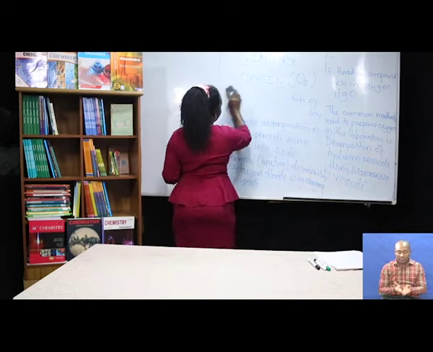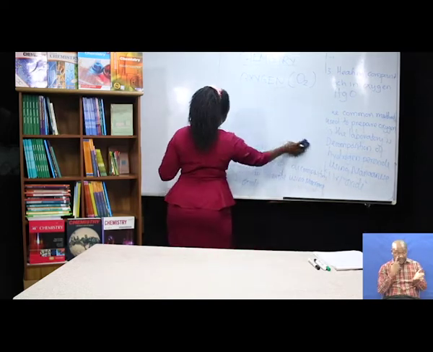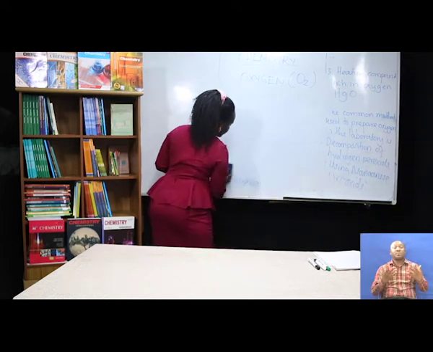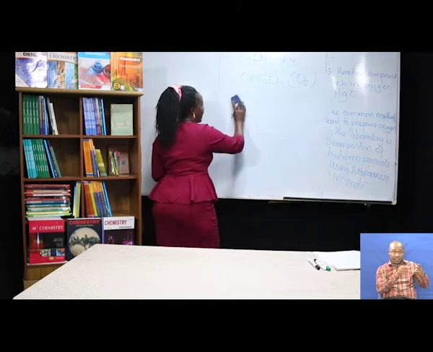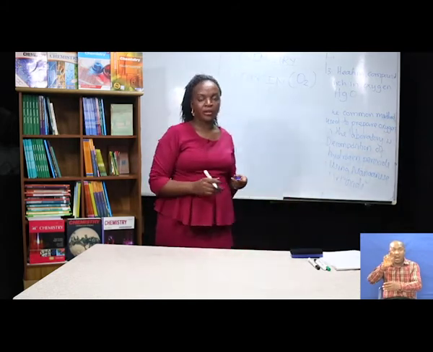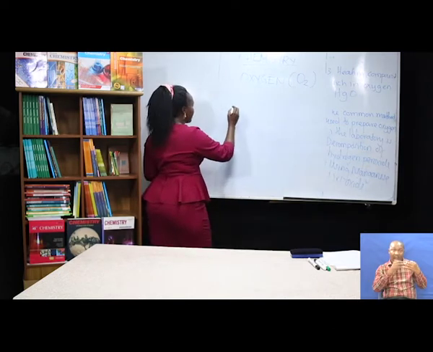Now let us see how we assemble our apparatus, whereby after this you will go to the lab and we are going to see the actual practical on how oxygen will be prepared. Now consider the following diagram.